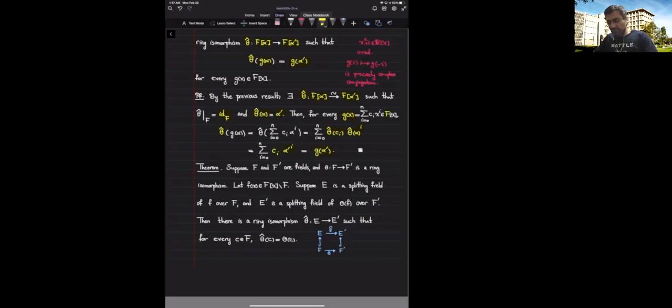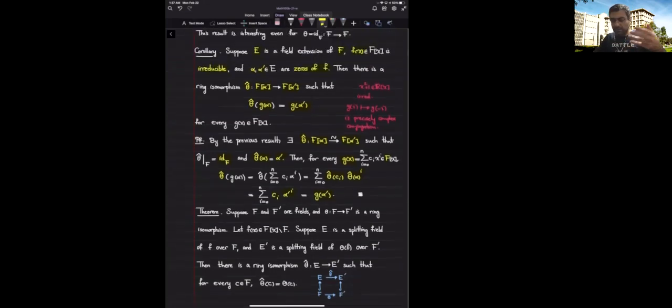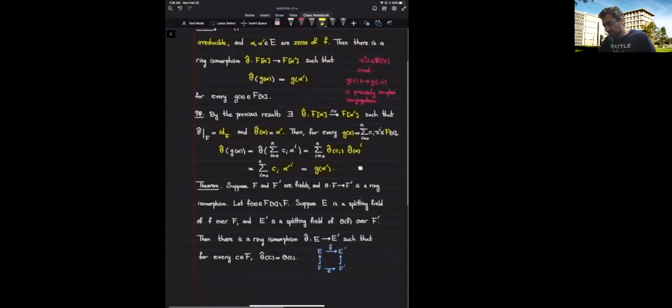So altogether, whenever I give you two zeros of an irreducible polynomial with coefficients inside a field F, there is an isomorphism between F[alpha] and F[alpha prime], where we send alpha to alpha prime, and it is linear with respect to F. So that means theta hat of every element of the field F is the same. So theta hat of C is C for every C inside this field.